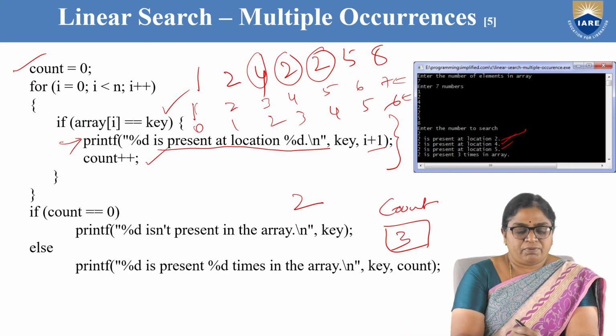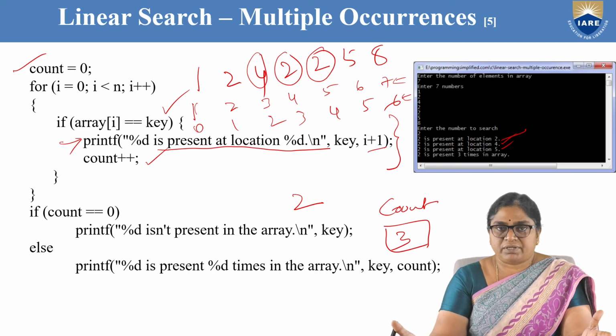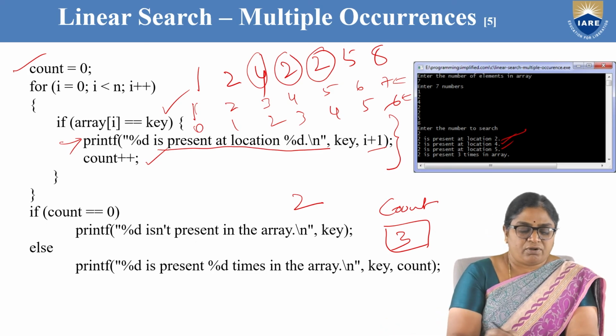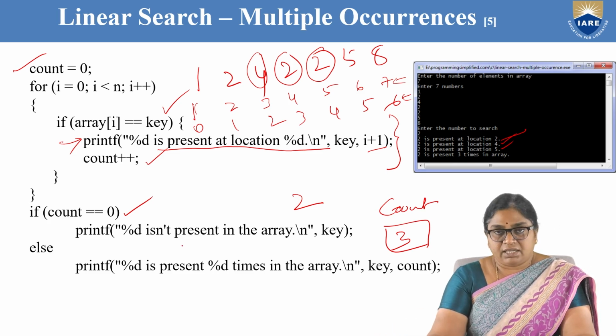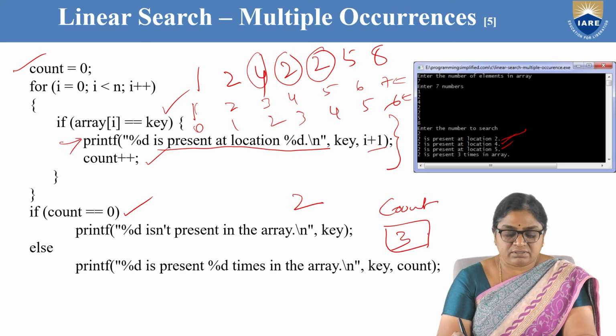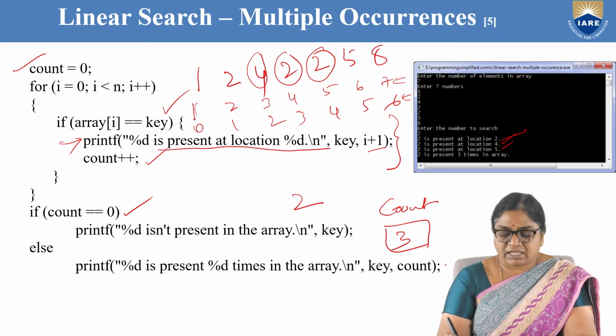So now we will check the count value. If the count is 0, that means the key element is not present in the list. So if that count is equivalent to 0, we are displaying the message that key element is not present in the given array. But here our count value is 3. So we are executing the else part.